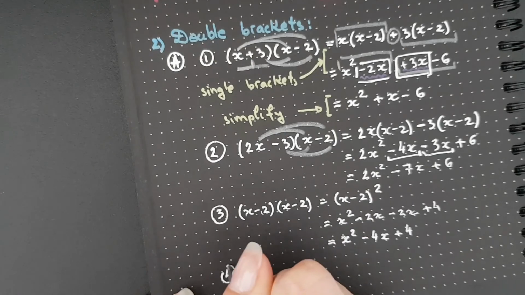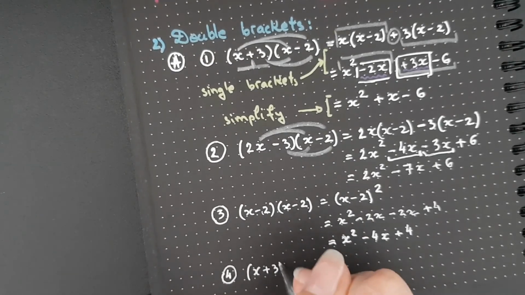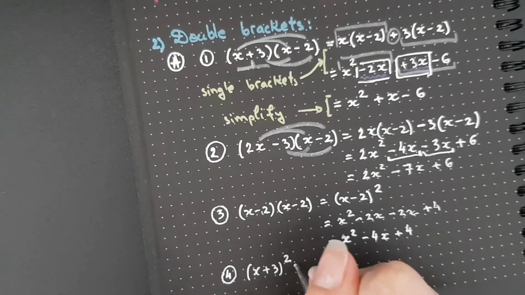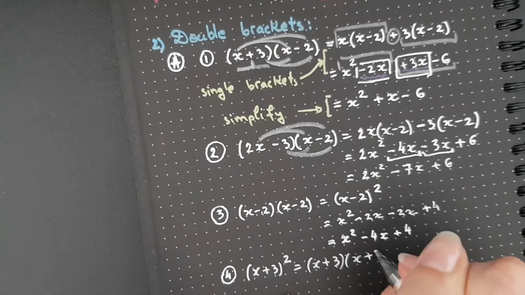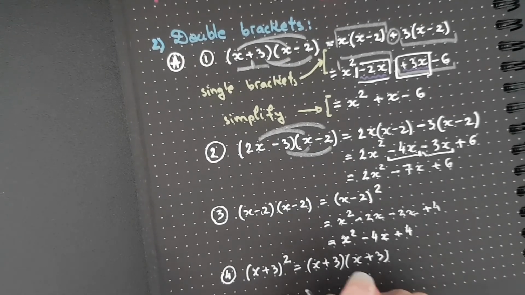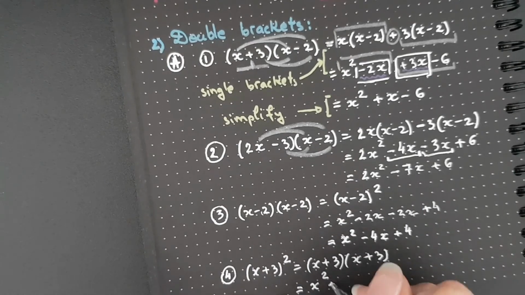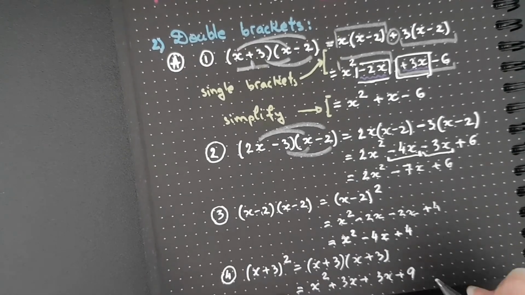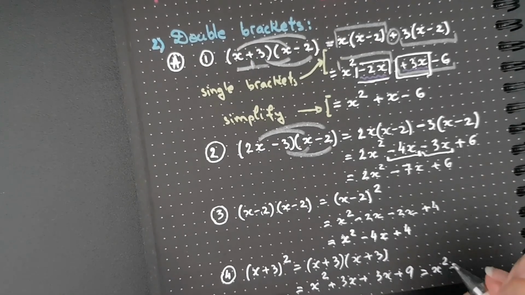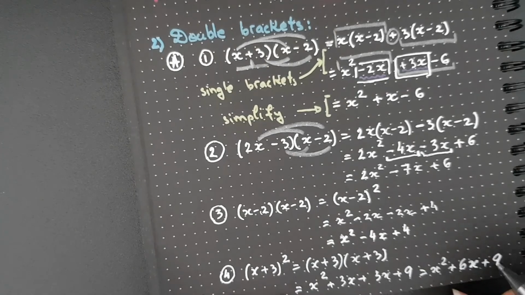Example number 4, I'm gonna go with x plus 3 squared, which is x plus 3, x plus 3, x squared plus 3x plus 3x plus 9, which is x squared plus 6x plus 9.